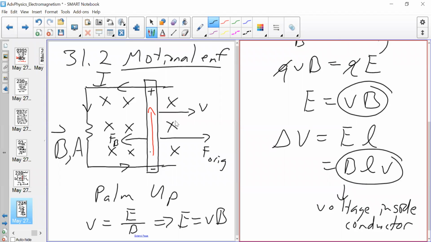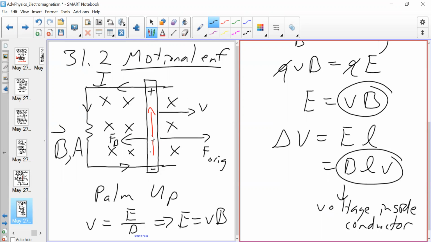So one last thing I want to say about this picture is that whatever this original force is, not important. We know that this induced magnetic force is going to be the result of charges moving up through this conductor. And then by the right-hand rule, we can determine that the magnetic force is going to be to the left, and it's going to be equal and opposite this original force to maintain this guy at constant speed. Very similar to what's going on inside of the conductor.